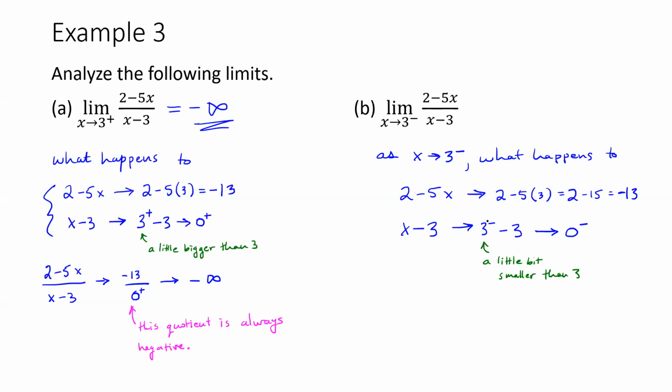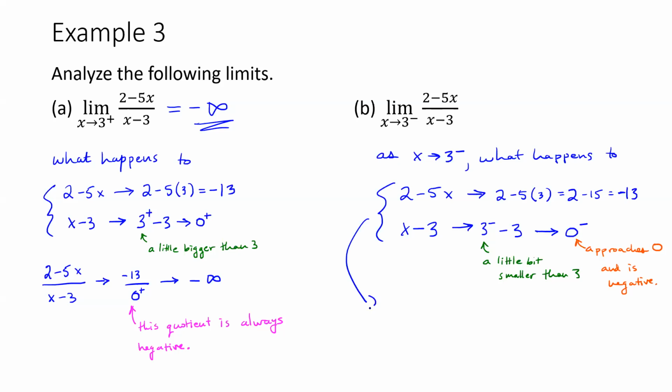So maybe if it helps mentally, put in a number there that's smaller than 3. 2.9 minus 3 is a negative number, right? So it's approaching 0 and is negative. It's like it's approaching 0 from the negative side, right?